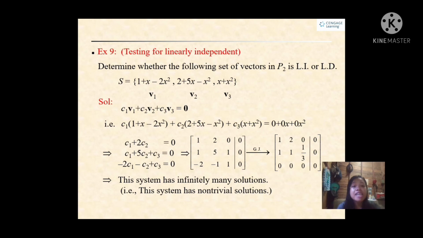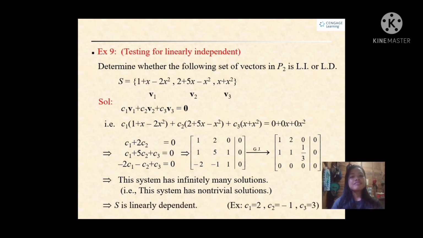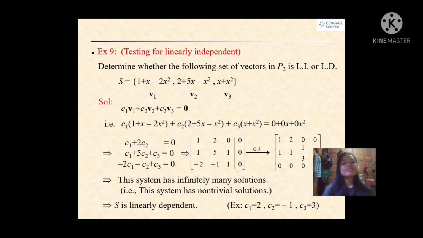This system has infinitely many solutions, so this is a non-trivial solution. S is linearly dependent. For example, c sub 1 equal to 2, c sub 2 equal to -1, and c sub 3 equal to 3.